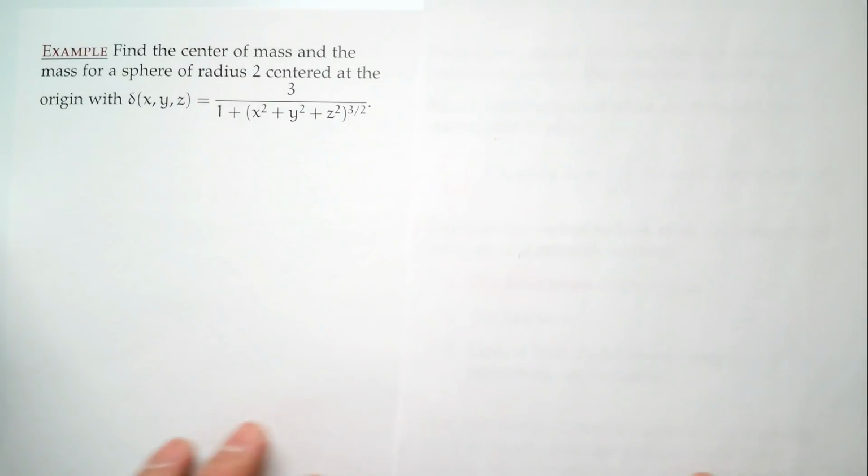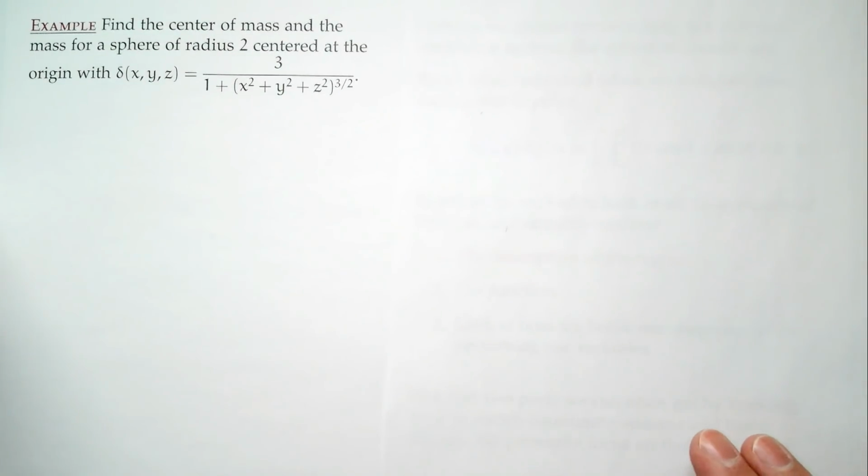Find the center of mass and the mass for a sphere of radius 2 centered at the origin where the density is 3 divided by (1 plus x squared plus y squared plus z squared) to the 3/2 power. Now one of these two problems is going to be straightforward, and the other one will eventually be straightforward by the end of today.